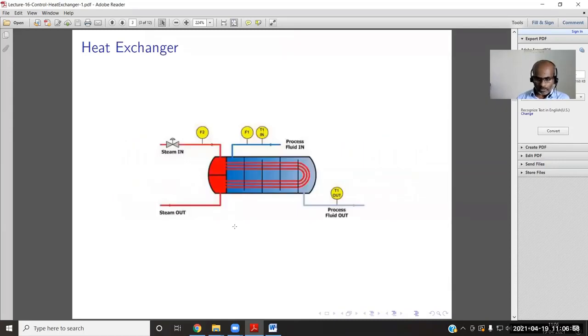And what is a controller scheme, like how to implement feedback control or cascade control or feed forward control for the heat exchanger control and the distillation column control. Of course, these are the most common equipments in chemical industry. That's why we have these topics in the syllabus.